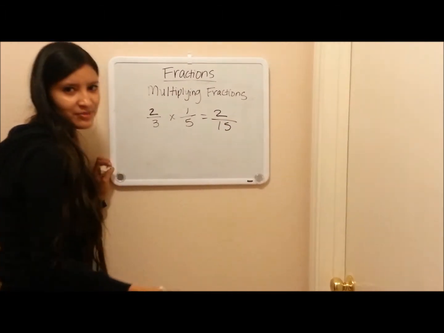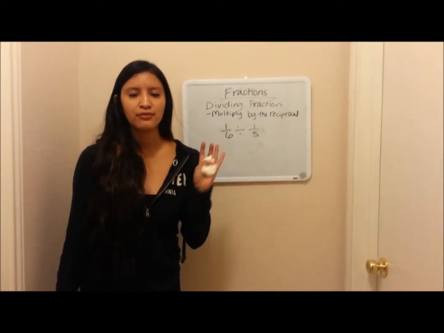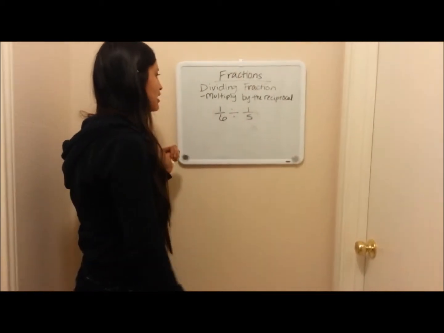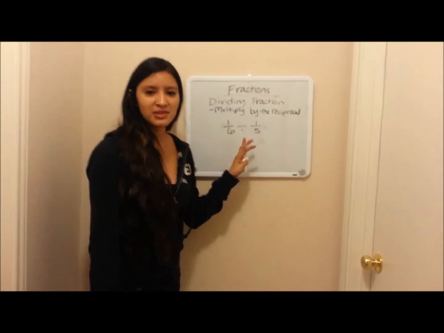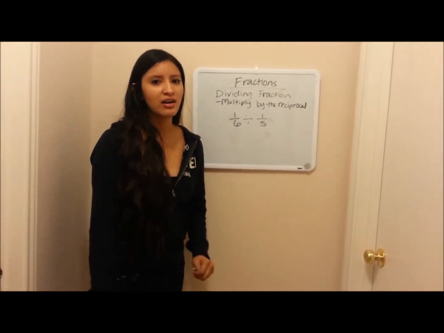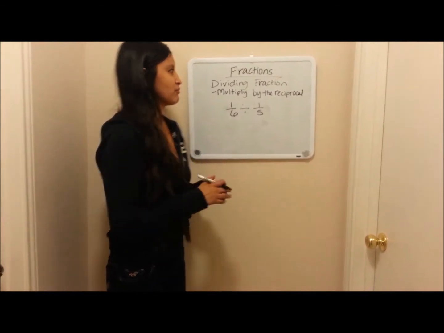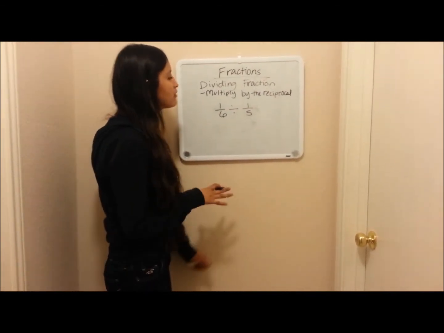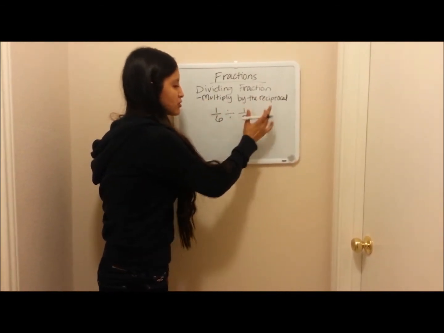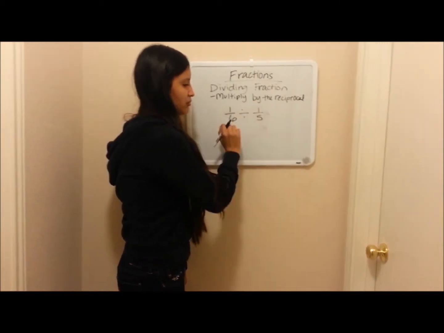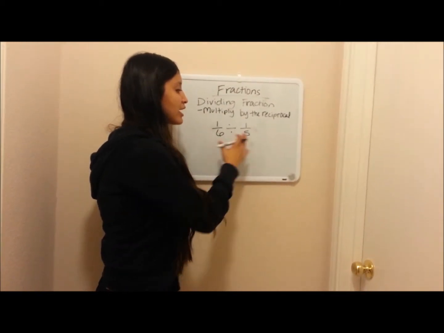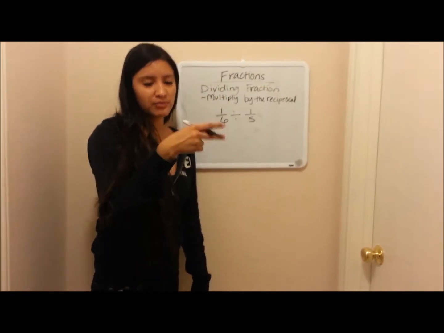And that's your answer. So now the last thing we're going to do is dividing fractions. Actually, the problem seems kind of difficult, but actually it's not. If you know how to multiply fractions, you can for sure know how to divide fractions. All you have to do is multiply by the reciprocal, meaning the second fraction has to be flipped.